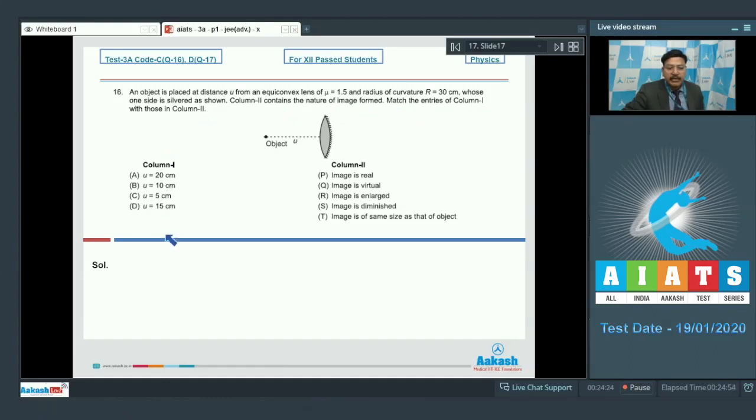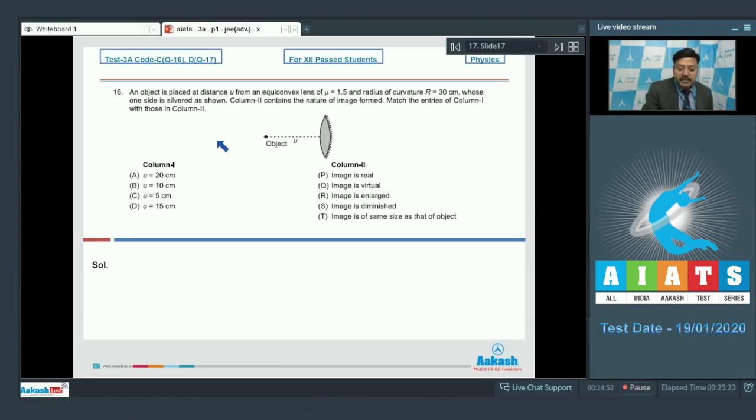Match the entries of column 1 with those in column 2. In column 1 we have different values of u, and column 2 is about nature of images formed. Well, what we do here is that we know we can replace this silvered lens by a spherical mirror, and we find the focal length of that spherical mirror.